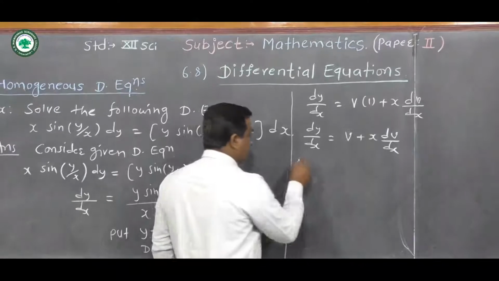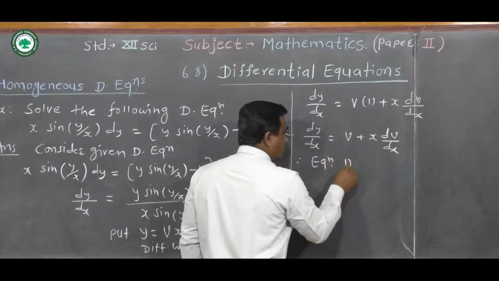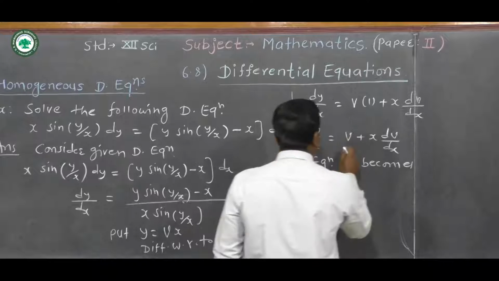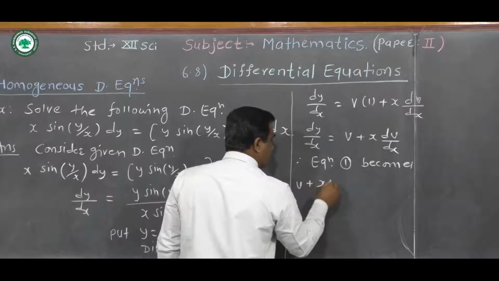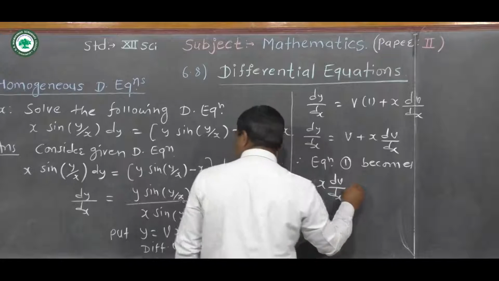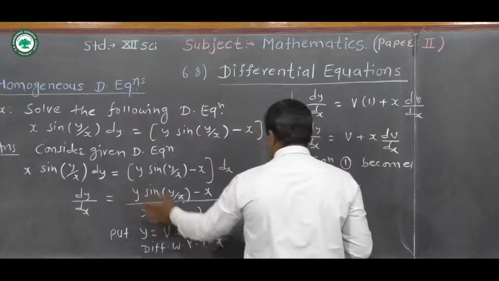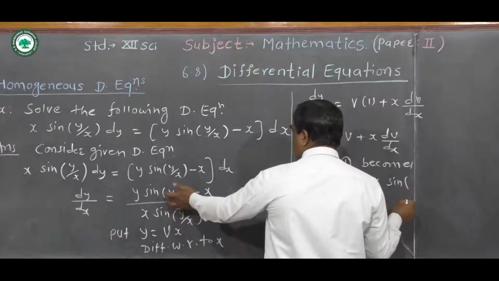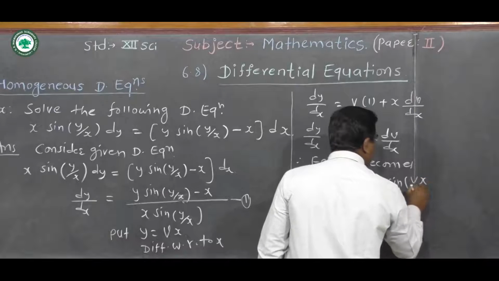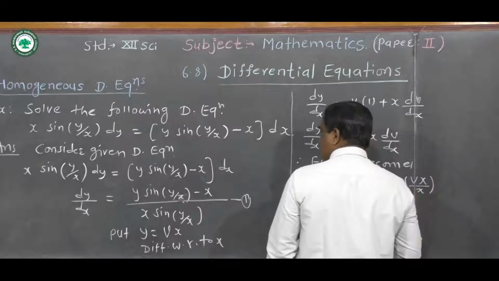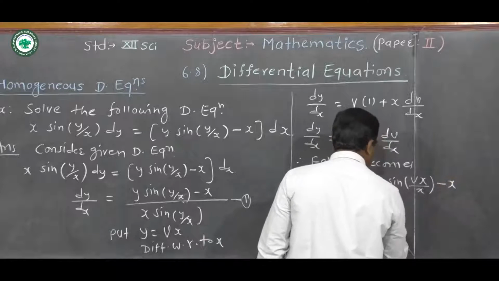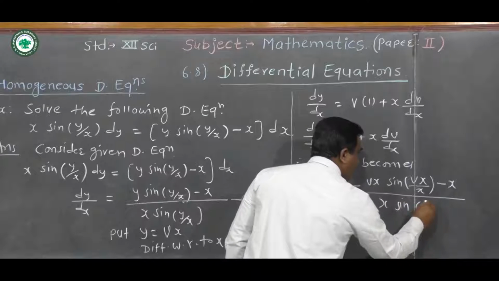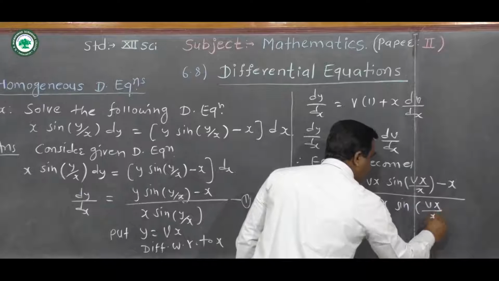Therefore equation 1 becomes, value of dy by dx is v plus x into dv by dx equal to value of y, vx into sine of, here also value of y is v into x upon x, minus x upon x into sine of, value of y is vx upon x.